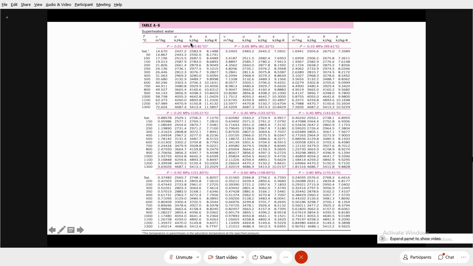You have different pressures and different temperatures. This one is the saturated temperature. That is the dew point.